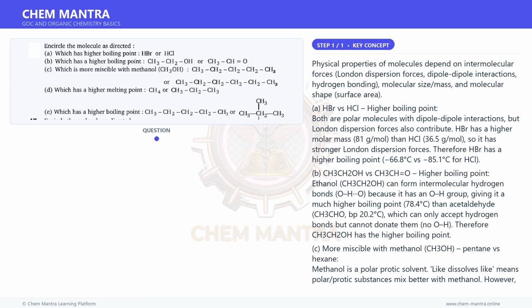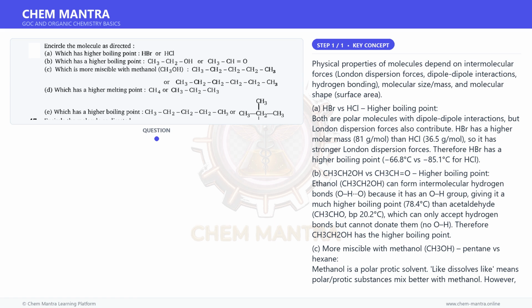E. n-pentane versus 2-methylbutane, higher boiling point. Both are C5H12 isomers. n-Pentane, CH3CH2CH2CH2CH3, is a straight-chain molecule with greater surface area, allowing stronger London dispersion forces. 2-Methylbutane is branched, more compact, with less surface area and weaker dispersion forces.